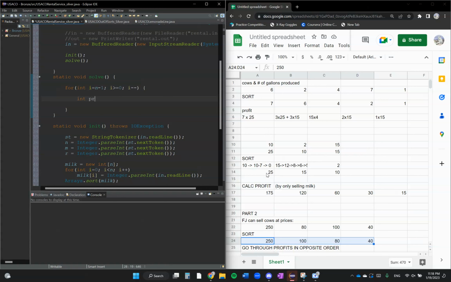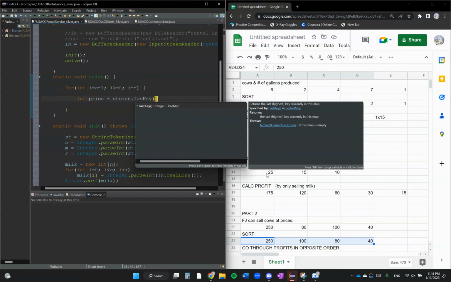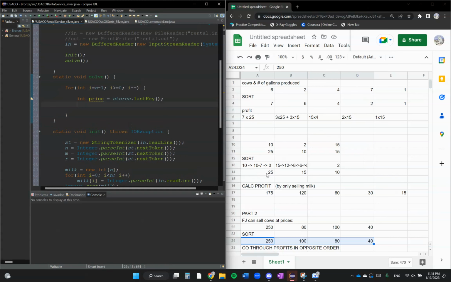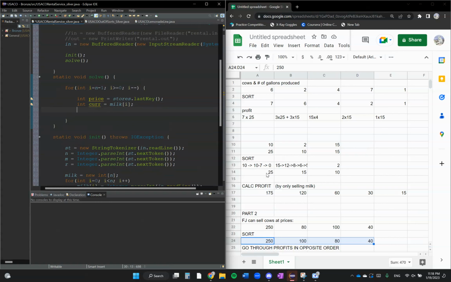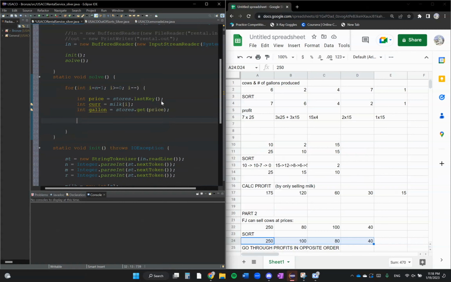So price equals stores.lastKey. That's going to be the price that we can sell some milk at, and current is going to be milk of index i. So basically the amount of milk we can sell. And int gallon is going to be the amount of gallons this specific store is willing to buy. So it's stores.get(price). And then we need to put a while loop.